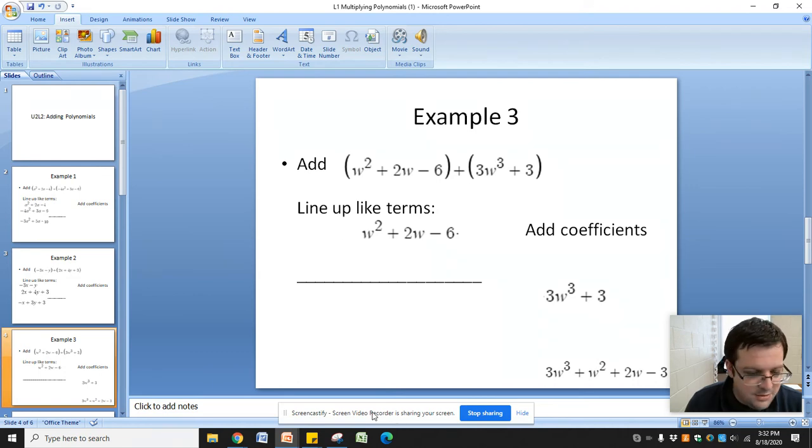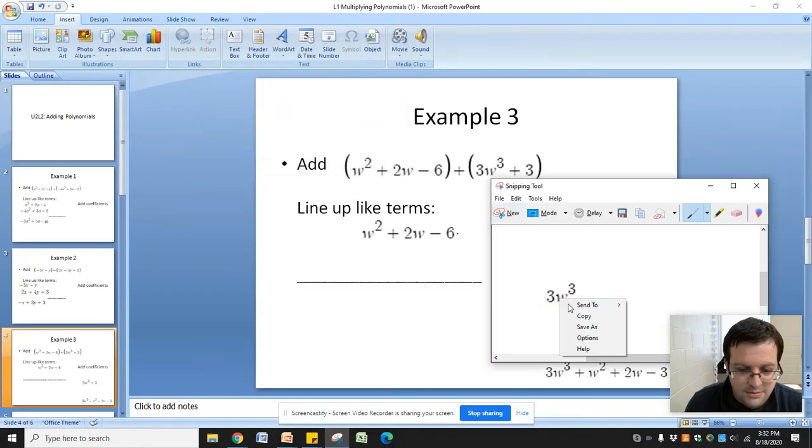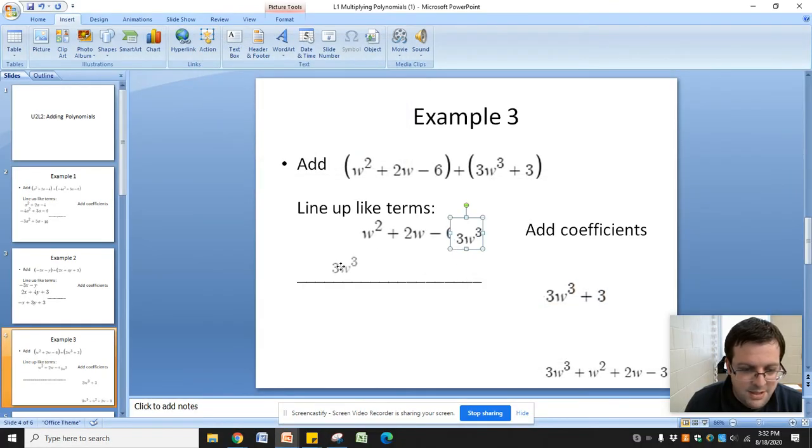So what we're going to do is make it to where this 3w cubed is sitting over here on the left by itself. The reason why is because there's no like terms that are going to go into it. It's just going to be sitting out here. If there was a w squared in this term, we would put it right here, or a w or anything.